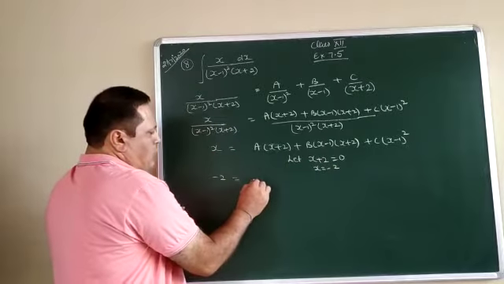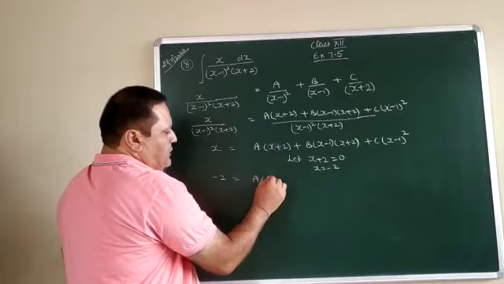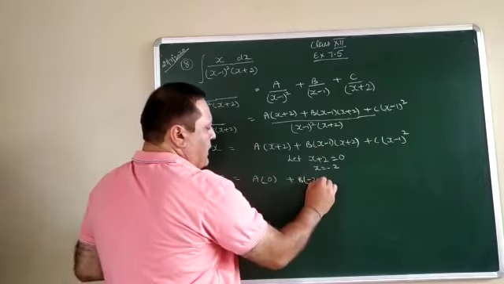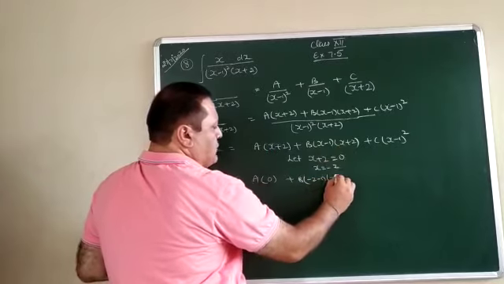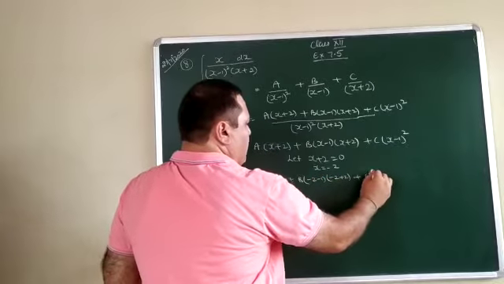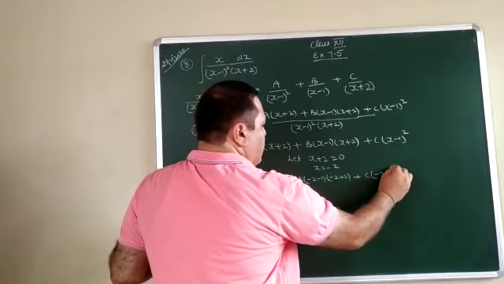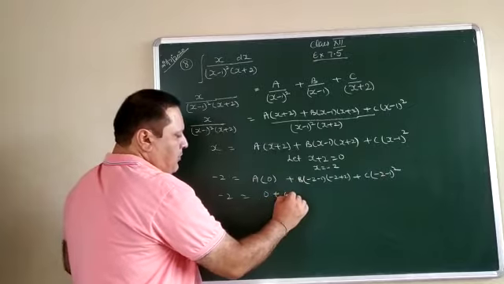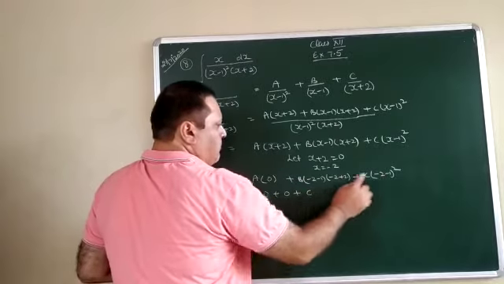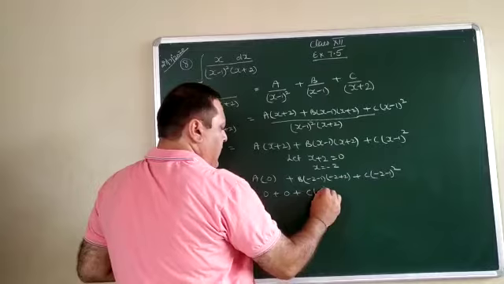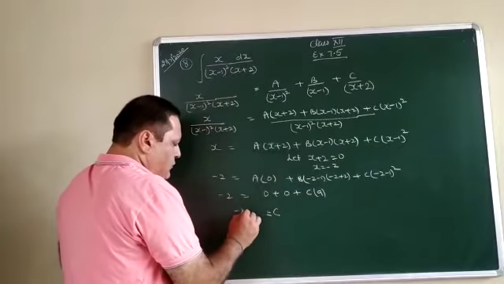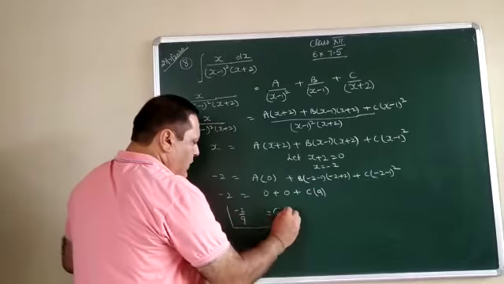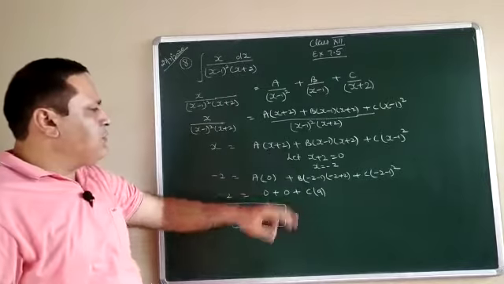Then minus 2 equals a into (minus 2 plus 2), which is 0, plus b into (minus 2 minus 1)(minus 2 plus 2), which is 0, plus c into (minus 2 minus 1) whole square. Minus 2 is equal to 0 plus c into (minus 3) square, 9. So the value of c is equal to minus 2 by 9. This is the first value you get by substituting x plus 2 equal to 0.